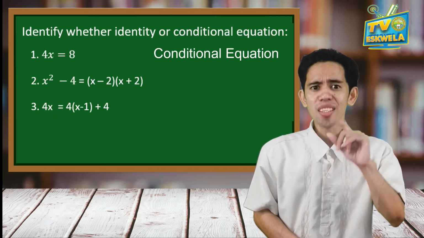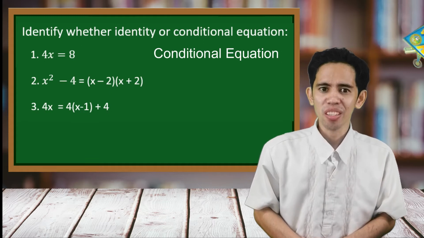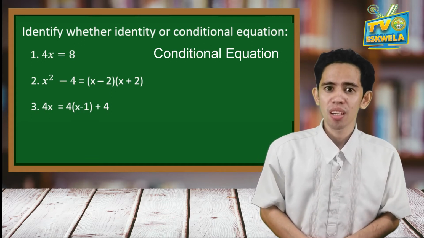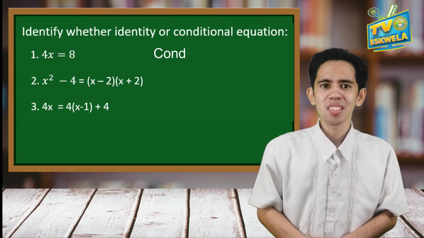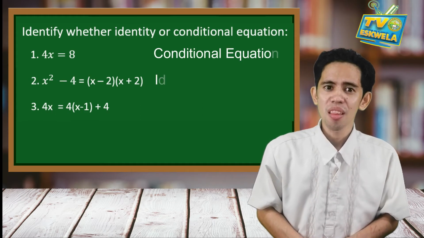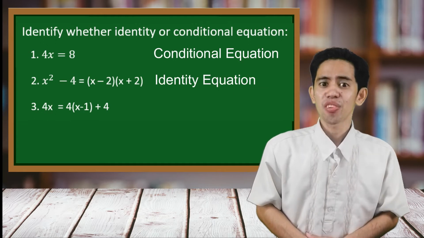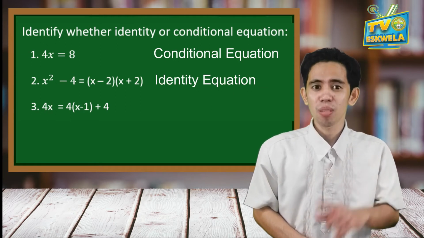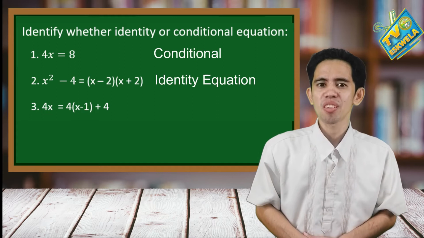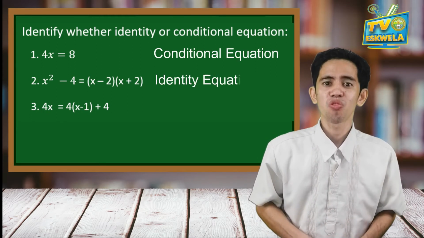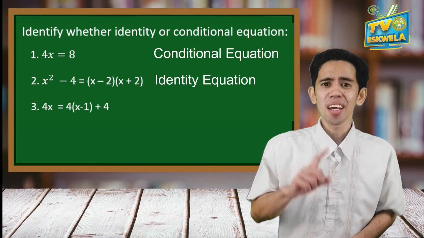By simplifying the right side of the equation, that is x squared minus 4, since they are equal, that is an identity equation.